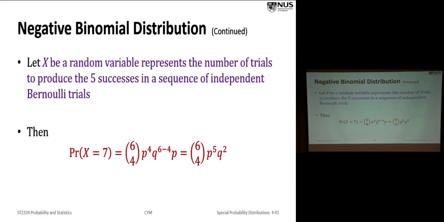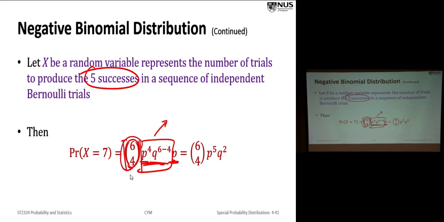So the probability of needing 7 trials to get the 5th success, we specify the 5th success, is choose 4 out of 6, and then p^4 q^(6 minus 4). This part is the probability of getting 4 successes out of 6 trials. The 7th must be a success, so it's p.